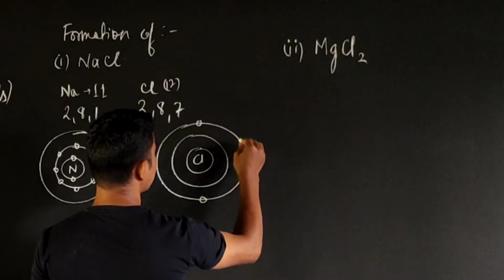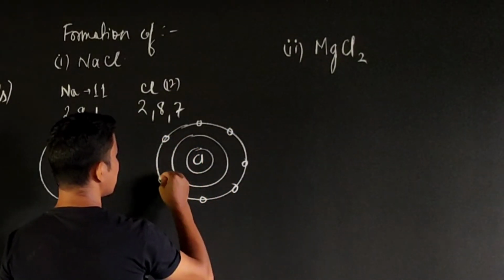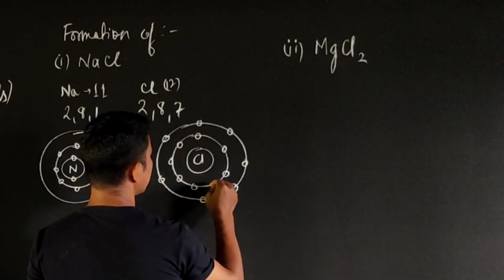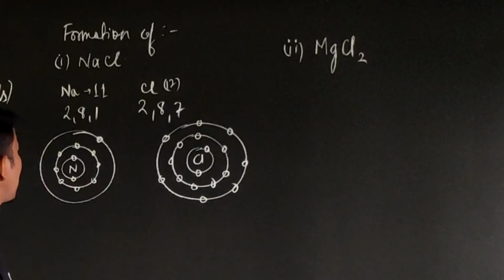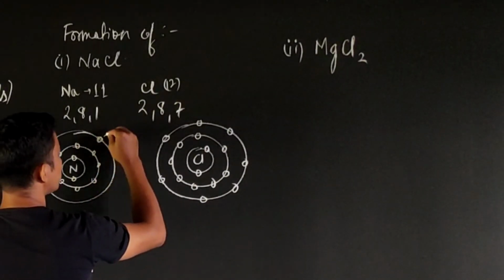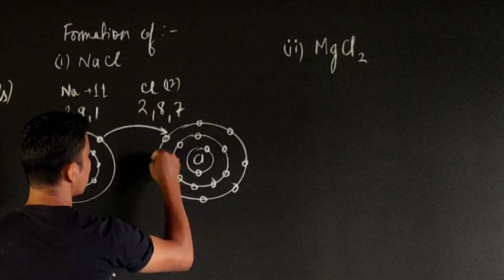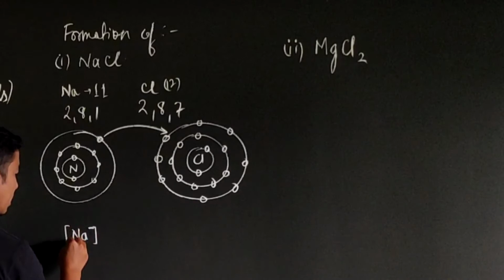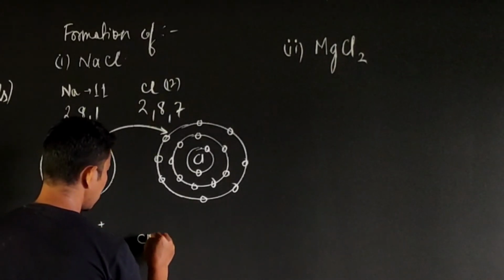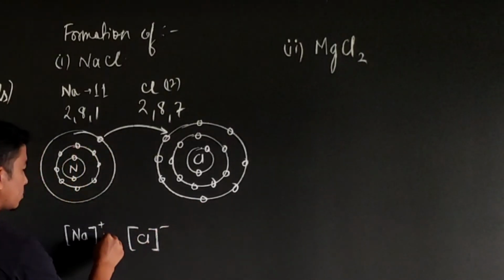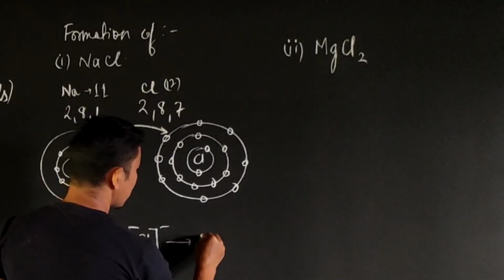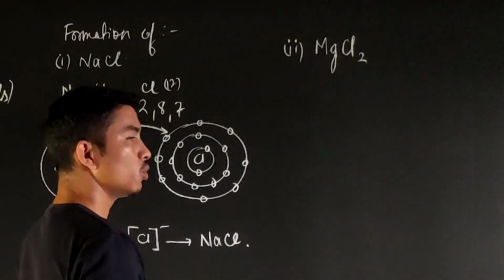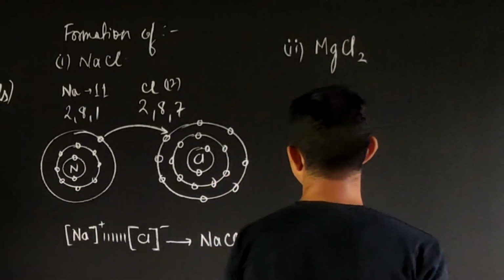What happens here is the sodium loses one electron to the chlorine, and then the sodium forms a positive ion, Na plus, and the chlorine becomes negative. Thus both of them attract together and form NaCl. So this is how one atom of sodium combines with one atom of chlorine to form sodium chloride.